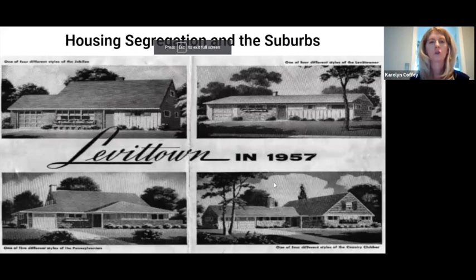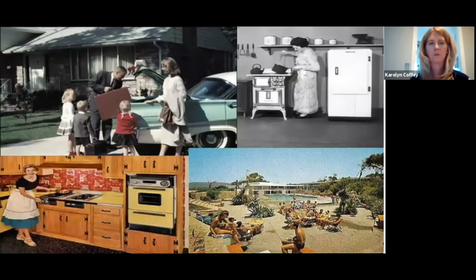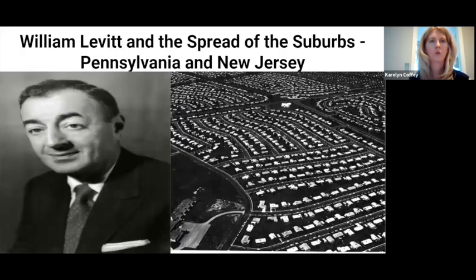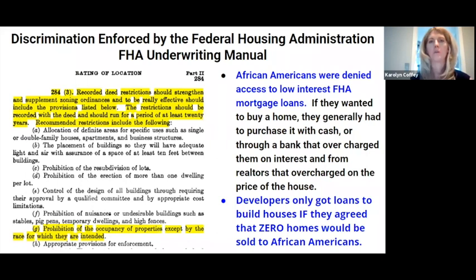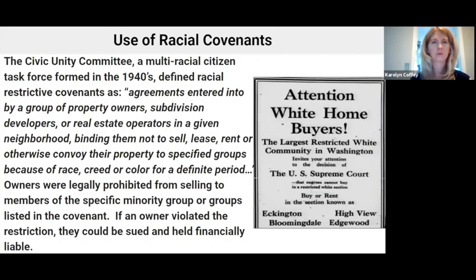This section also goes over the history of Levittown, and William Levitt's hand in promoting racial covenants, making sure that these new sprawling suburbs were primarily reserved for white families. The FHA underwriting manual talks specifically about denying African Americans access to low interest FHA mortgages.